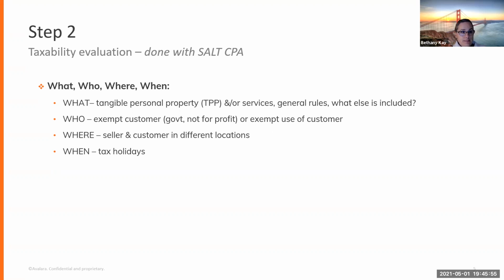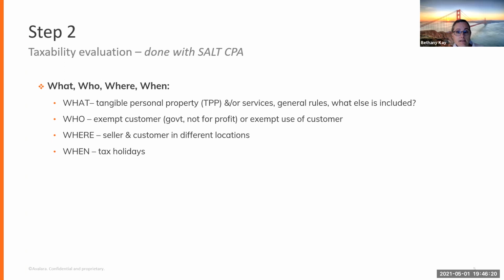So the who is another part of the taxability evaluation. Is the sale exempt because of the purchaser entity type? Maybe it's a government you're selling to, a nonprofit or charity. Sometimes states are prohibited from taxing sales directly to governments, to federal governments, for example.